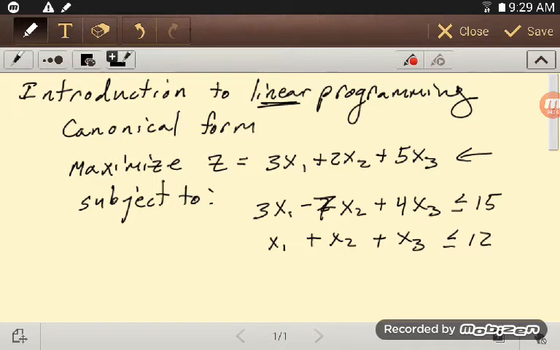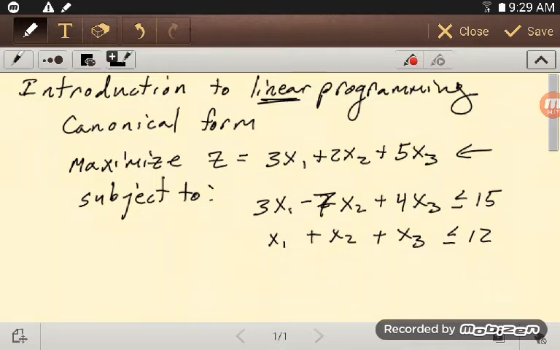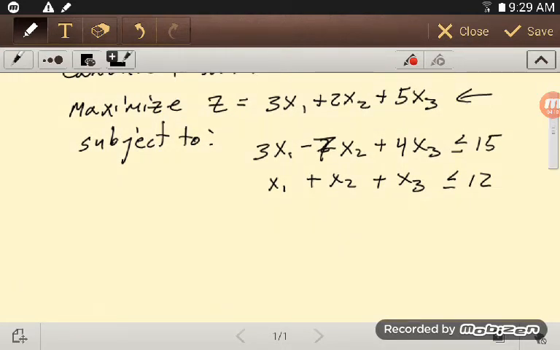Well, we're in canonical form, and I'll just stop it there with those types of constraints. But in canonical form, we have that our variables x1, x2, and x3 are all greater than or equal to 0. And so anything we can write like that is called a linear programming problem.